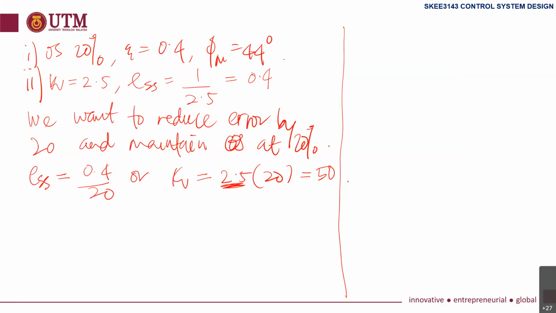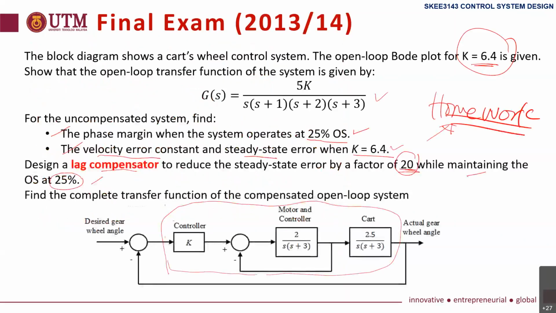We need to now find a new K to achieve Kv equal to 50. We will use the open loop transfer function given here. That's why the question asks us to initially obtain the open loop transfer function.